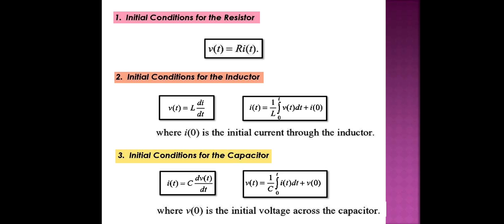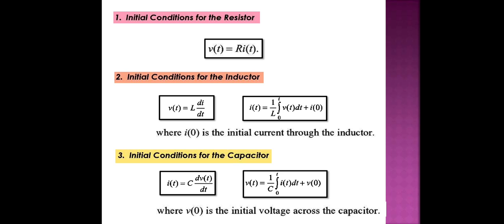Similarly for the inductor, V of t is equal to L into di by dt. Here I of 0 is the initial current through the inductor, so I of t is equal to 1 by L integral from 0 to t of V of t dt plus I of 0.